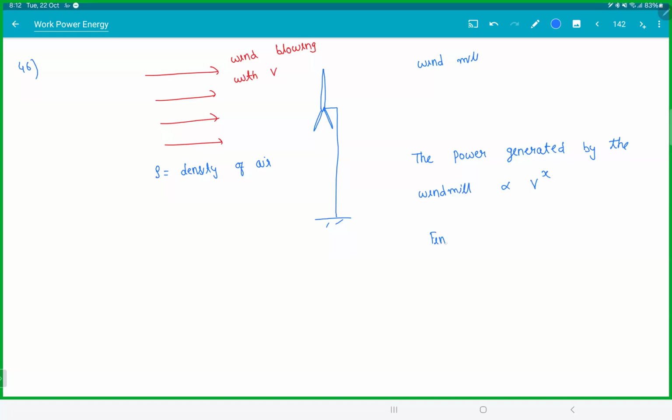Find x. I don't want the exact value. So the question would be something like this: if the speed doubles, how much more power will you get in a windmill? v is the speed of the wind.